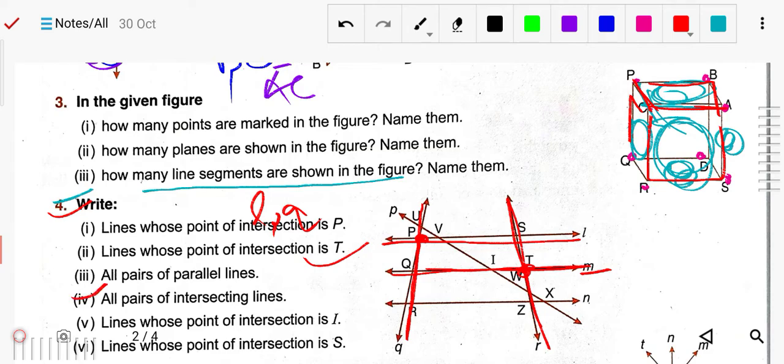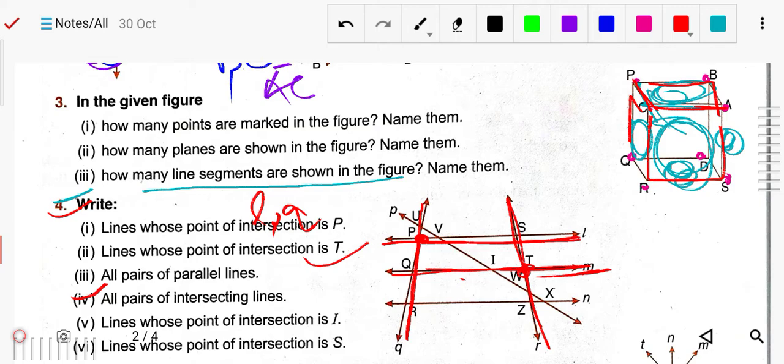Or like question number 4, all pairs of intersecting lines. So you have to write all pairs of intersecting lines. So like LP, this is the LP. Means MP, okay, this is the MP. Okay, NP. So these all are the pairs of intersecting lines.